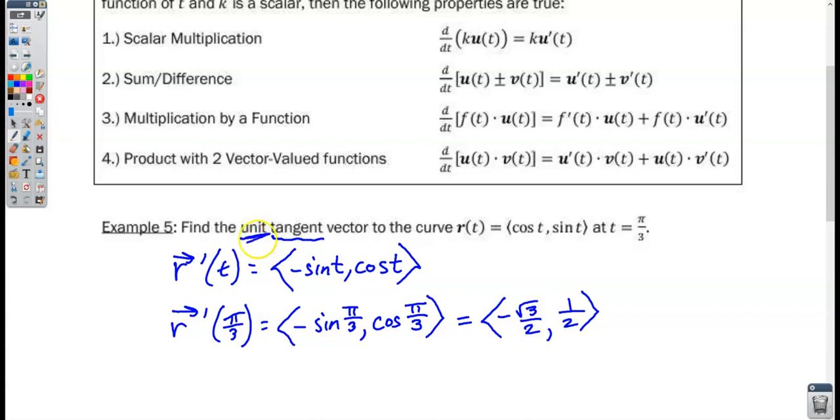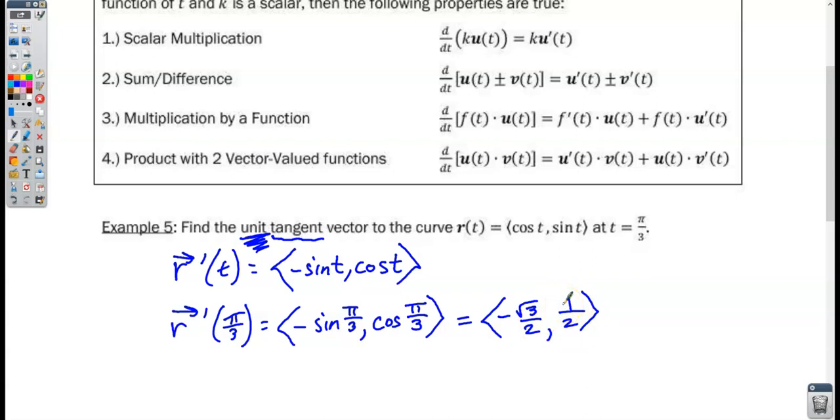I deliberately put unit vector in here so I could talk about this real quick. A unit vector is a vector with a length of 1. When we have trig functions like this, this vector is going to have a length of 1 because of the unit circle. If I take the magnitude of this, squaring the components and adding them together, I get a length of 1.